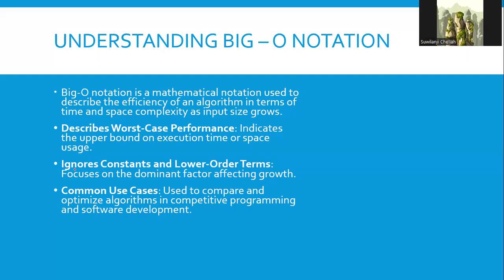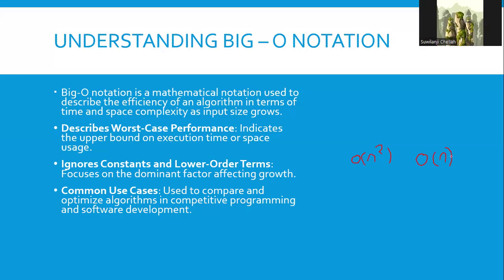Big O also ignores constants and lower order terms, meaning it focuses on the dominant factor that is affecting growth. Let's say we have a big O of a function that is n squared.